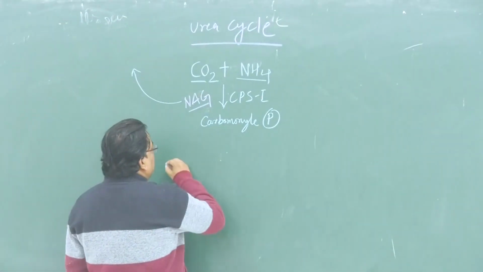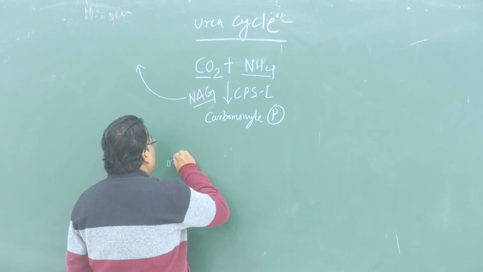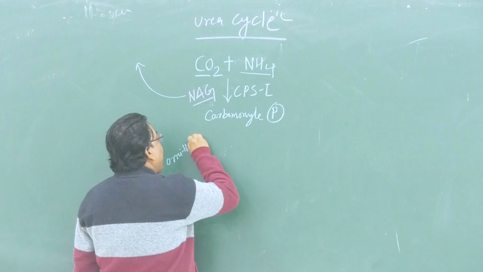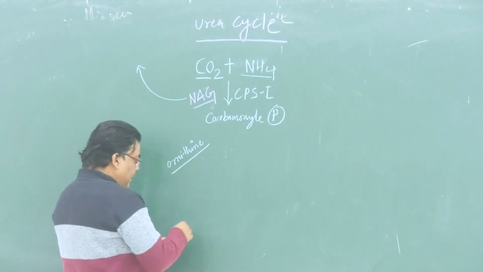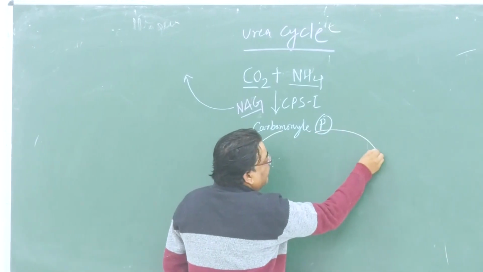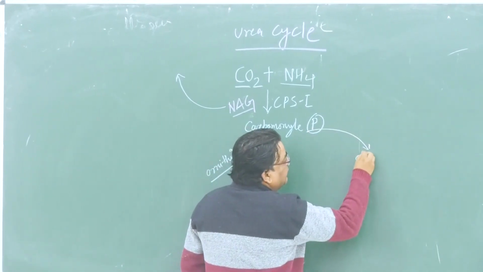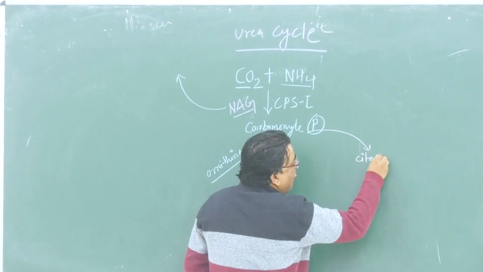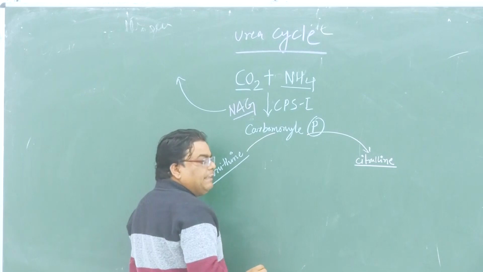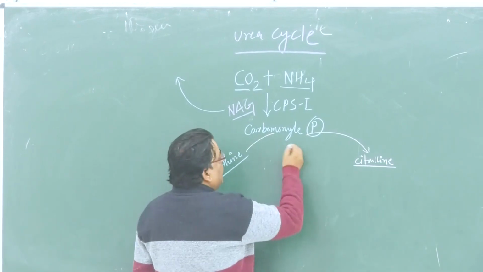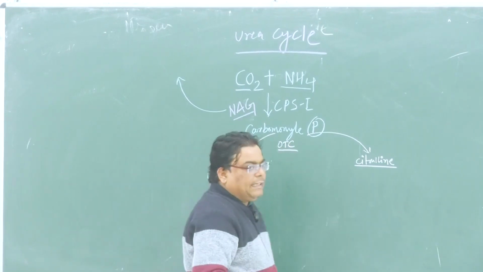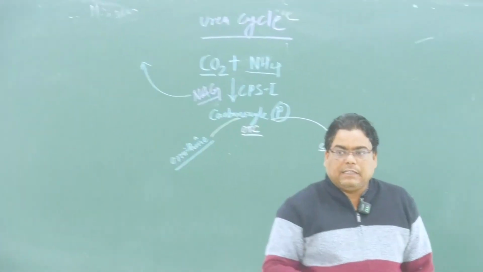Now after that, ornithine combined with this carbonyl phosphate, and there is a formation of another compound called citrulline, by the enzyme OTC, ornithine transcarbamylase.